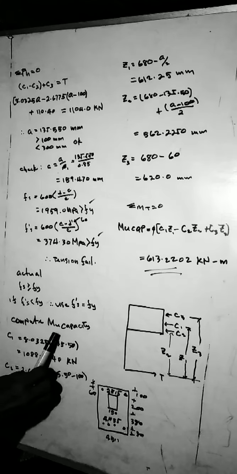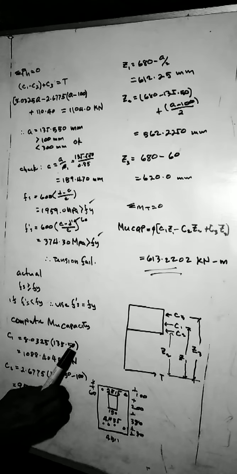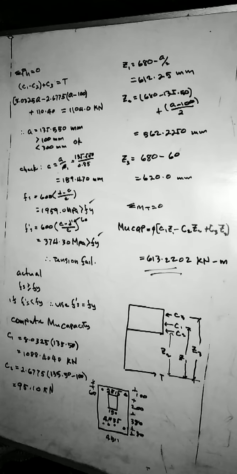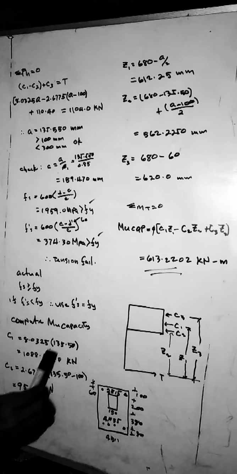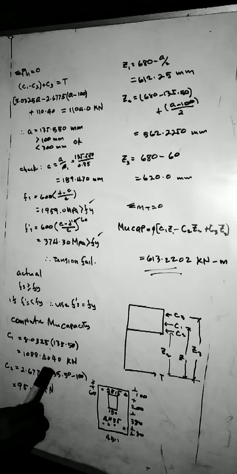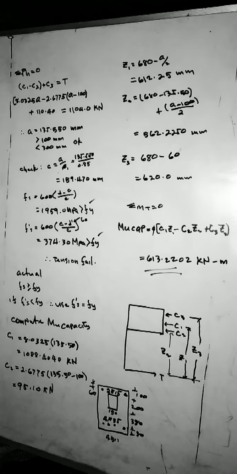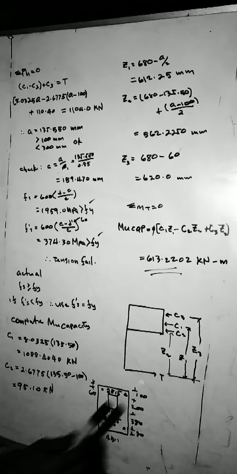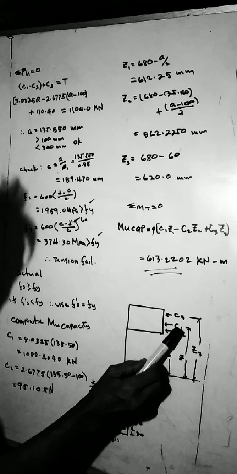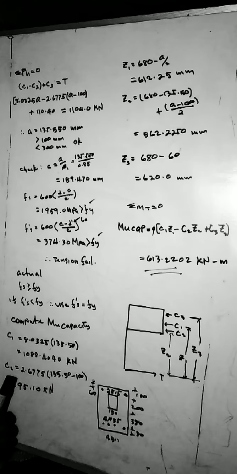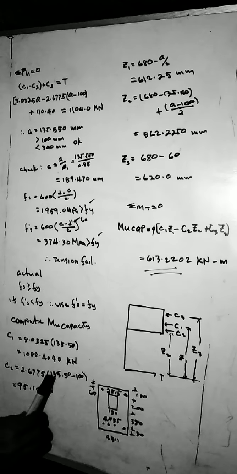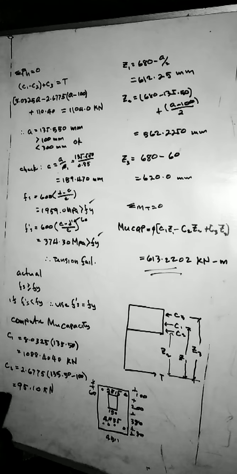The value of a is 135.555, and computing this, we have C1 equal to 1088.40 kilonewton. And for C2, substituting the value of a here, C2 is 95.10 kilonewton.